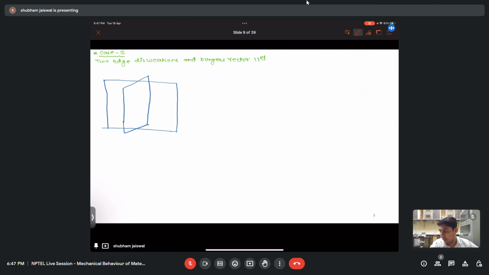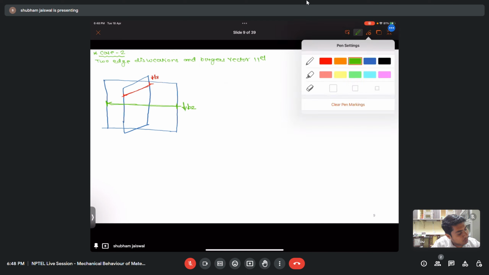And let's say this is my Burgers vector 1 and it is moving in this direction, B1, and let's say this is my dislocation. This is my dislocation 2 and it is moving in this direction. Okay, so this is the condition of two edge dislocations and their Burgers vectors are parallel.